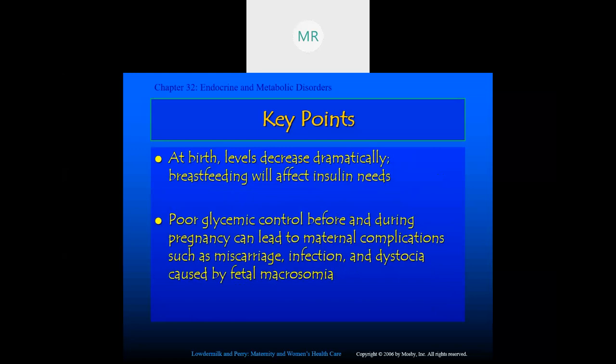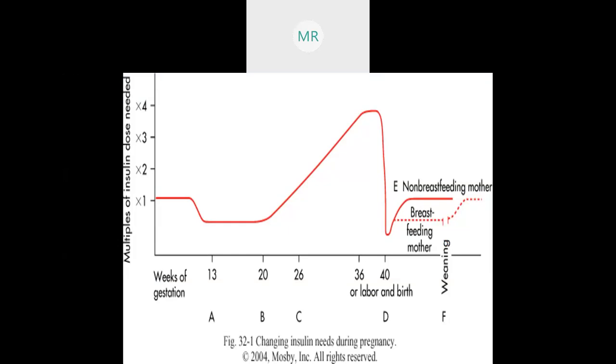And poor glycemic control before and during pregnancy can lead to complications: miscarriage, infection, dystocia, that's the difficult labor, and that's because it's caused by that fetal macrosomia, which is that big juicy baby. Okay, you can see some changes in insulin during pregnancy.